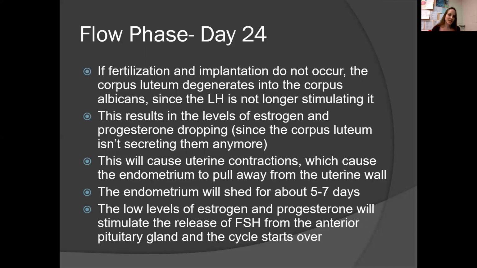It takes about 5 to 7 days, can be longer, can be shorter. But on average, that flow phase, which is the actual menstruation, the actual shedding of the endometrium, lasts about 5 to 7 days. And then at that point, the estrogen and progesterone levels will drop back down again, and the whole process will start over.